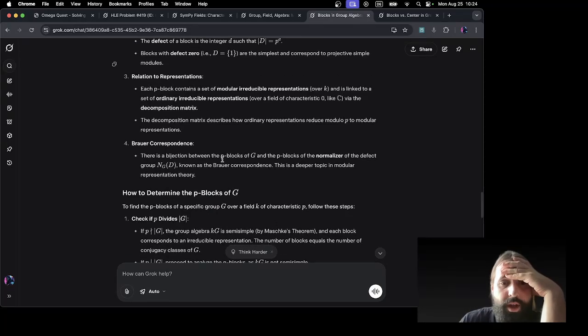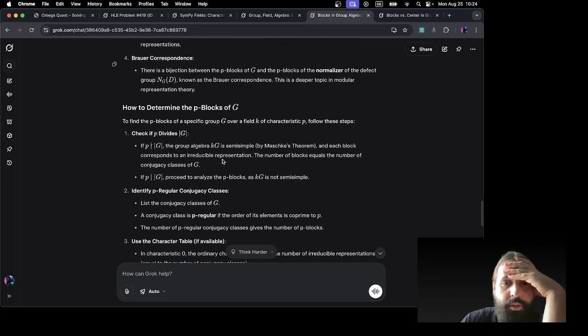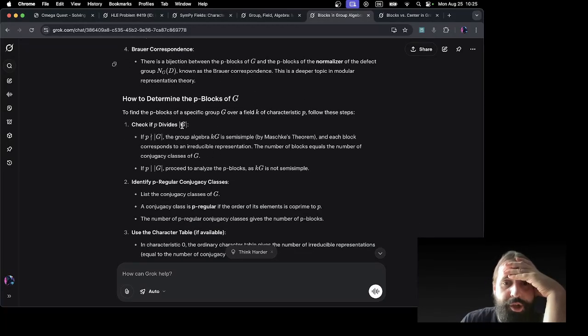That's a lot of new stuff. Check if p divides the order of G. Then proceed to analyze the p-blocks, as KG is not semi-simple.